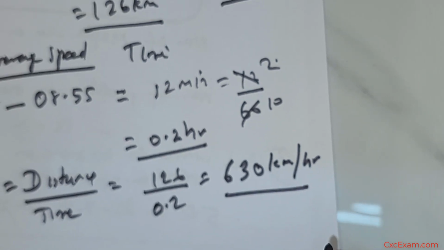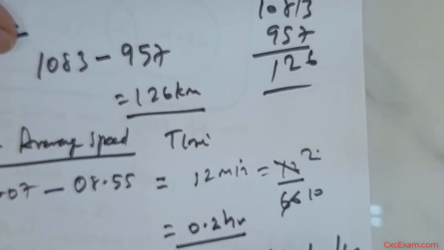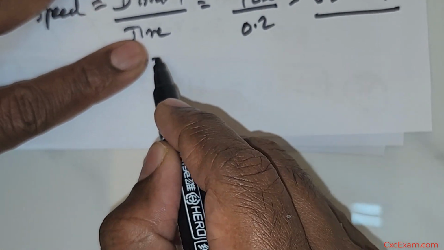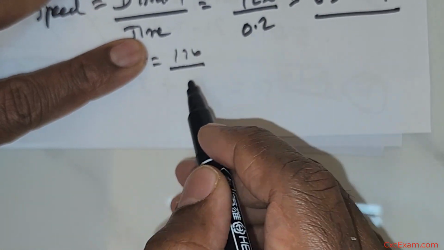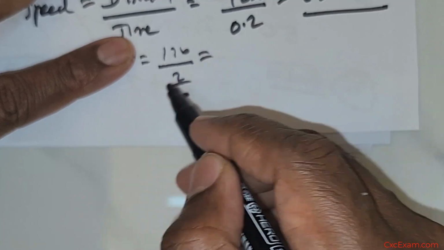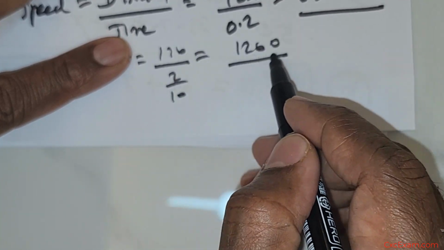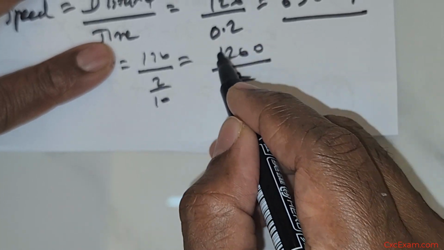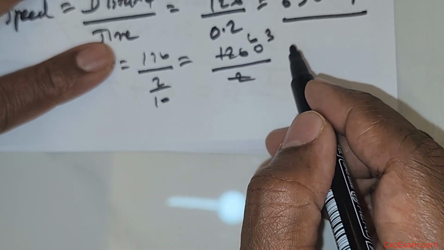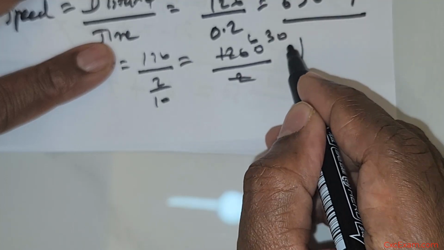So that's the solution. For those of you wondering how we got this, you can rewrite 126 divided by 0.2, where 0.2 is 2 over 10. You flip this, 10 goes to the numerator, you get 1260 divided by 2. 2 divides 12 six times, 6 three times and 0 zero times. That's how you got it.